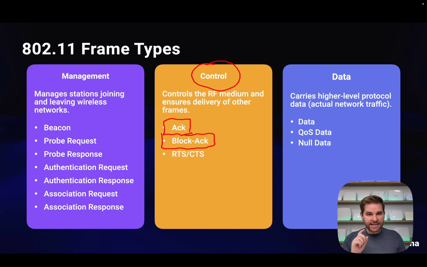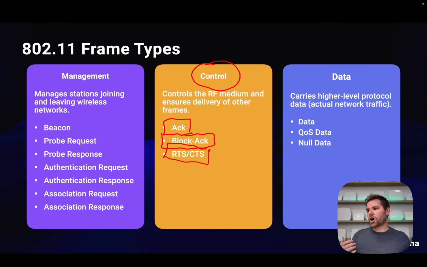There's a little bit of a risk-reward thing here in that if one of those data frames in that block doesn't make it through, we have to throw it all away and transmit it all again. But if the SNR is good and we're using a nice fast data rate, then that's probably going to be just fine.